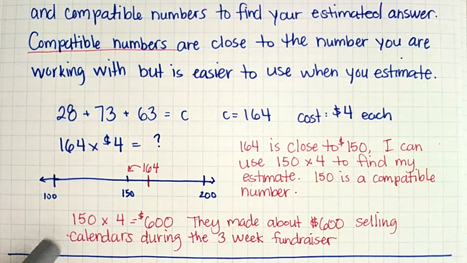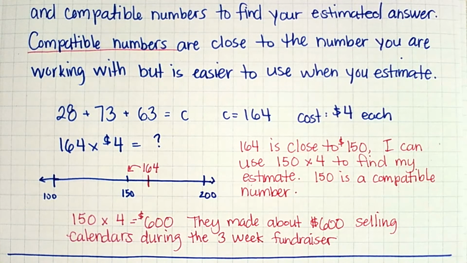So they made about $600 selling calendars. So sometimes you just want to find out around how much you have. You don't need the exact answer all the time. When you don't need the exact answer, estimating and using compatible numbers makes the math much quicker and easier. And it gives you an answer that's close to your real answer.